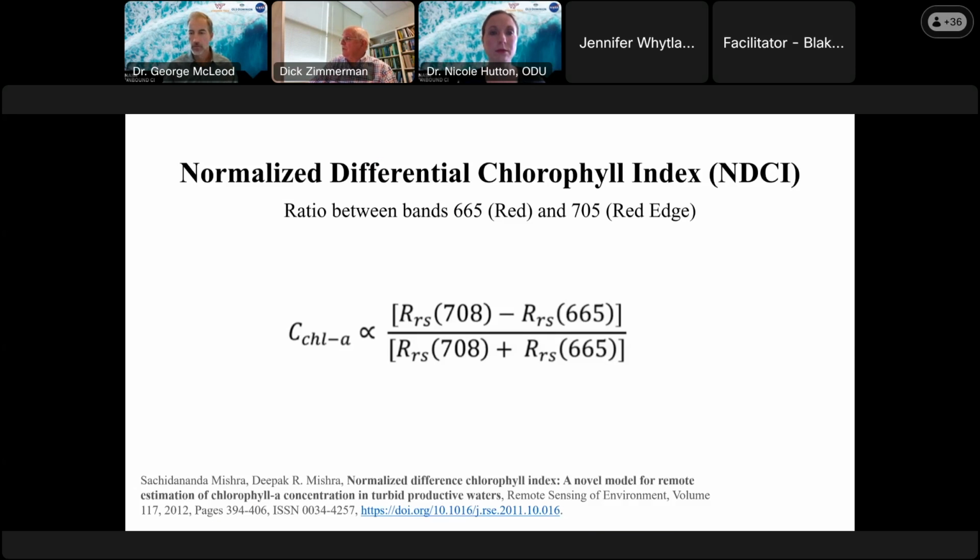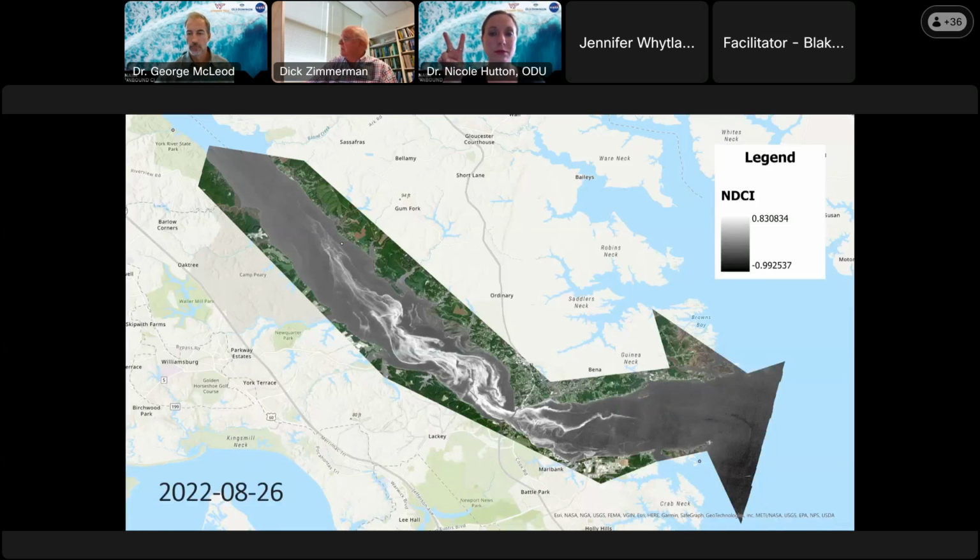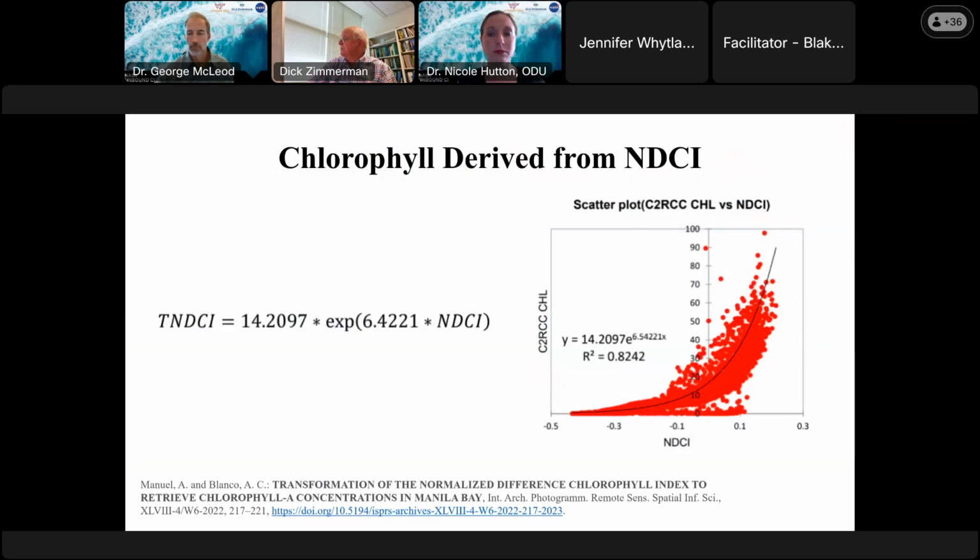We've been able to quantify that using a normalized difference chlorophyll index, which takes advantage of the red bands provided by Planet to look at chlorophyll concentrations in high density areas. Here's a map showing the normalized difference chlorophyll index of that bloom plotted throughout the York River.